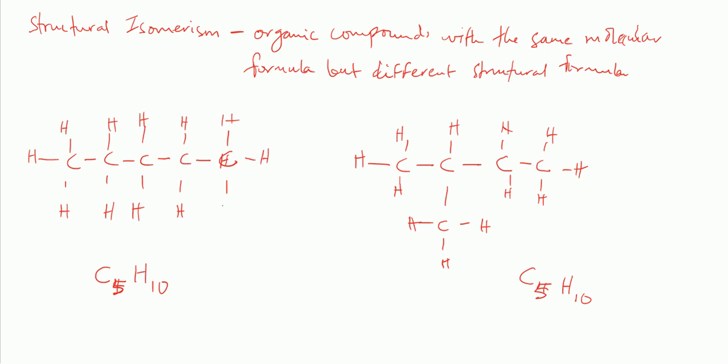Yeah, sorry about that. So it's C5H12, and this should be C5H12 as well. So these two compounds have the same molecular formula, which is C5H12, and their structural formulas are different. Therefore, these two compounds are said to be isomers.